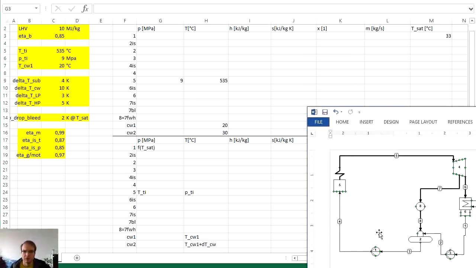So now we move on to the feedwater heater, component number 2 on the process flow diagram. The saturation temperature at the aerator is usually set as 105 degrees C, so that the pressure is just above atmospheric and the thermal deaeration can take place.